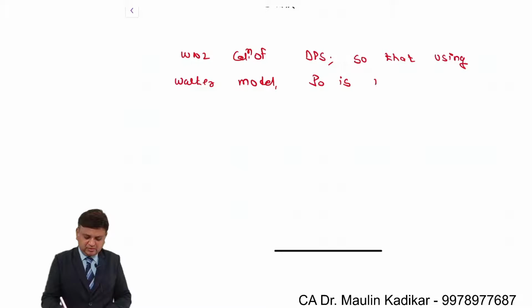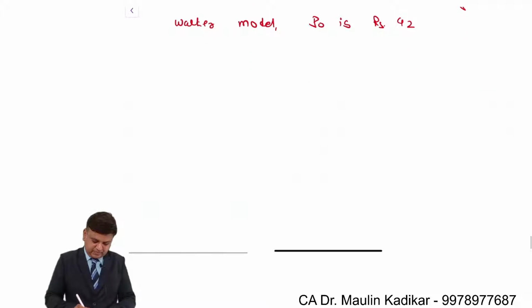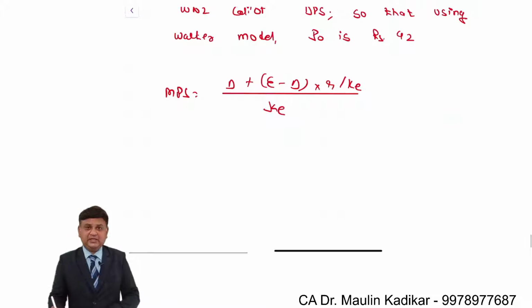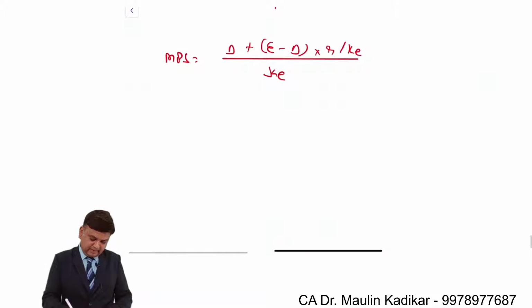P0 is rupees 42, that is market price of the equity share. So the formula is like this: MPS is equal to dividend per share plus earning per share minus dividend per share, into R upon K, whole upon K. Market price of the share is 42.